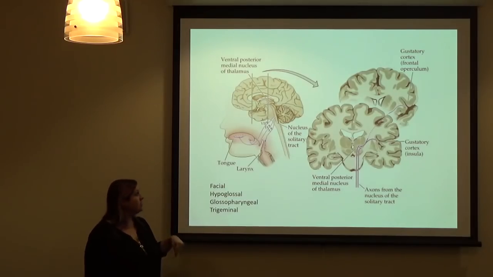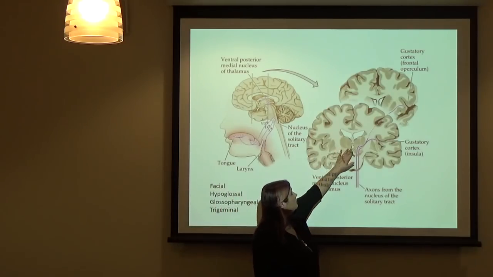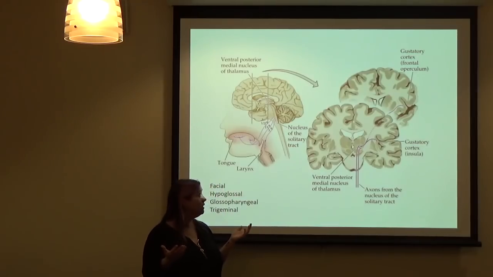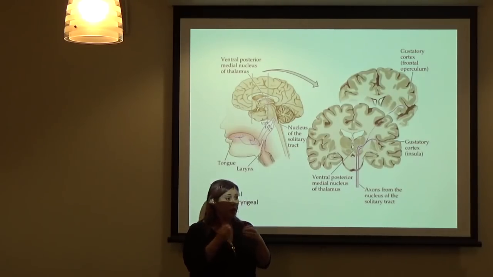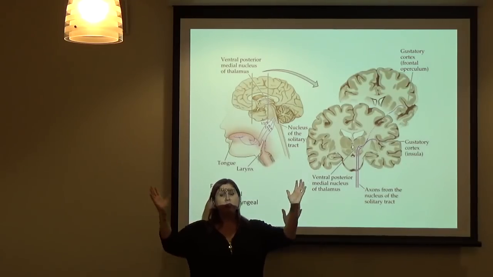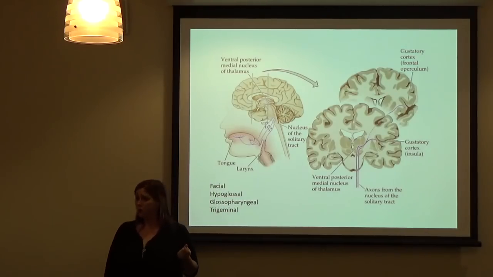But then the second stop for the information is the thalamus. And you shouldn't be surprised, because the thalamus is the main routing, that relay station in the brain. So the next place we pass the information is to the thalamus, so that the thalamus can send the information to the correct part of the cortex.